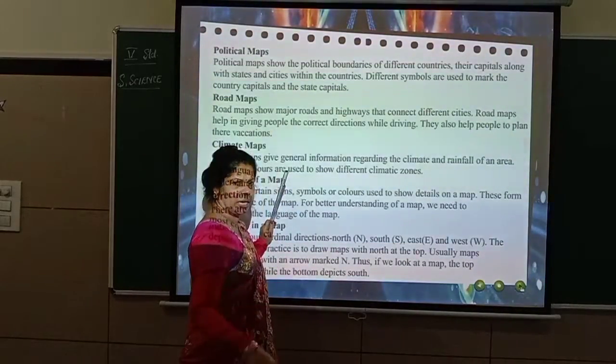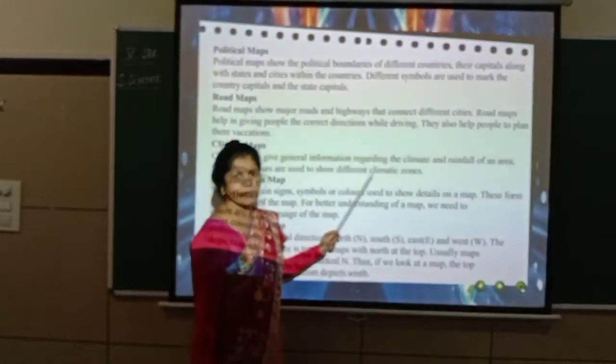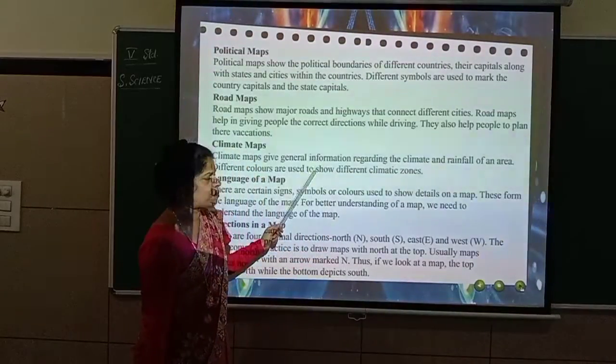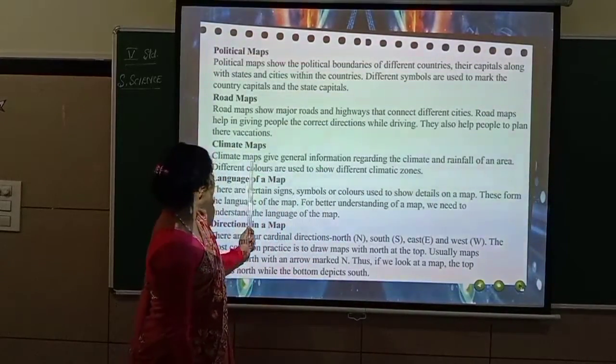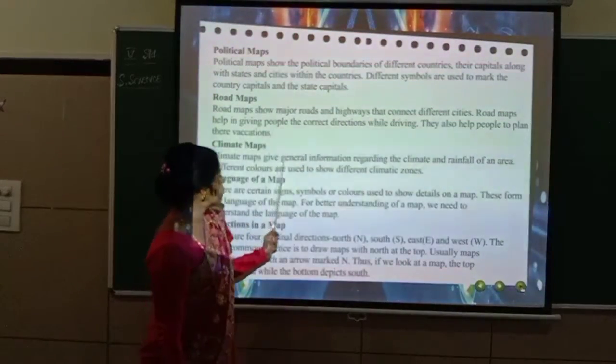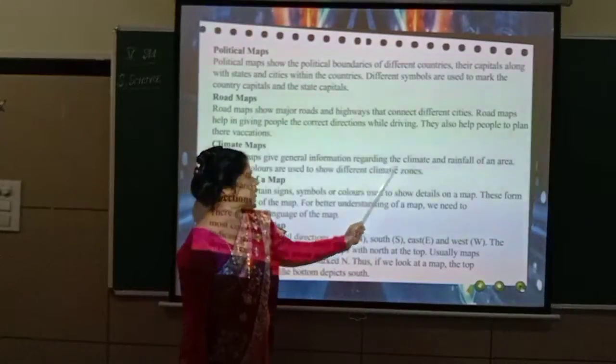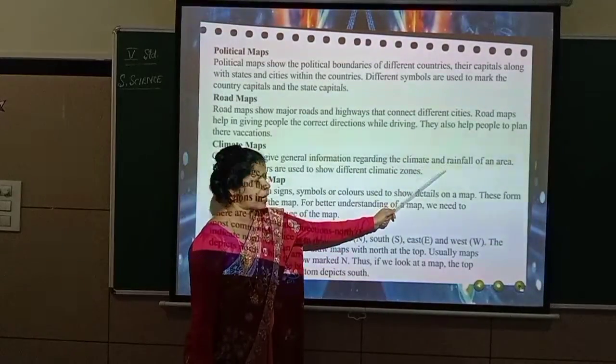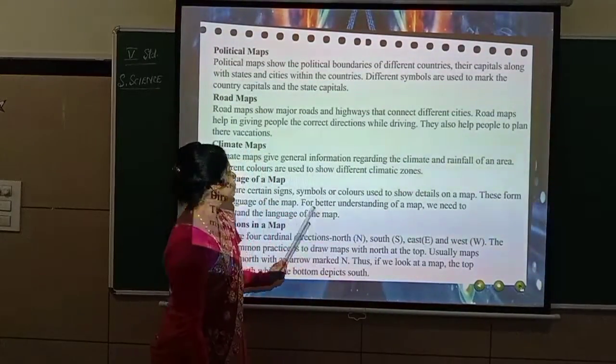Like that you would have heard, isn't it? In the news forecast, they say all those things, that is about the climate forecast. So all that is done because of the climate maps. Climate maps give general information regarding the climate and rainfall of an area.